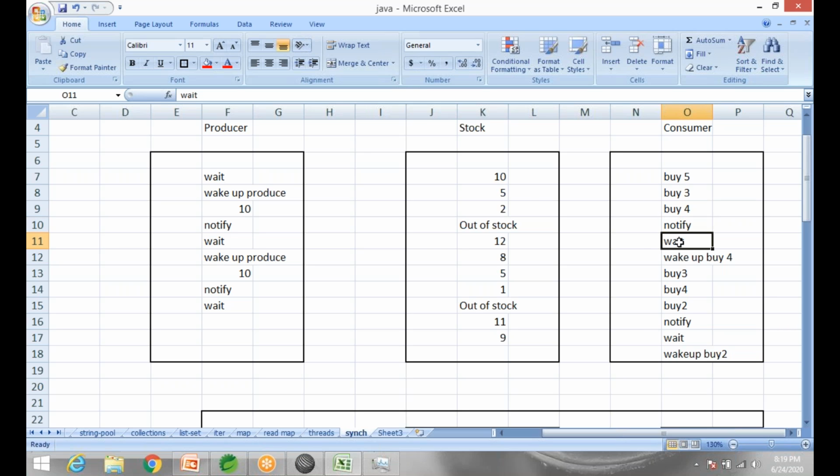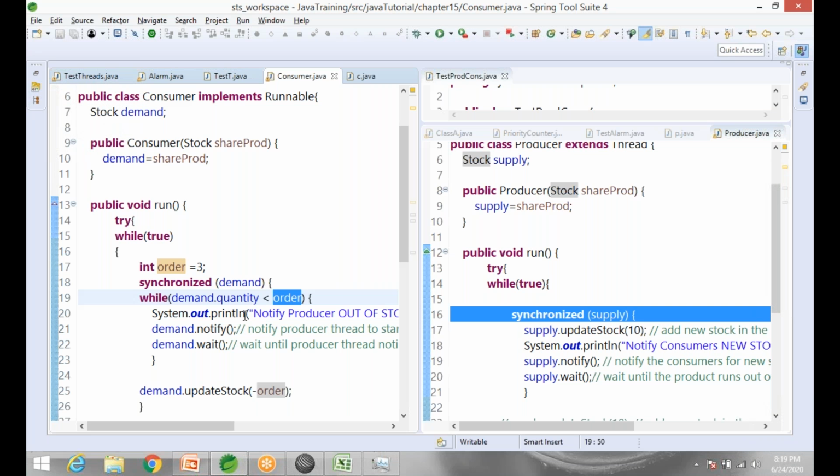You notify and wait on what? On the stock object. Exactly. So if the quantity, that is demand object stock, if quantity is less than order, what do I do? I notify and wait on stock. The same thing that we did in spreadsheet is right in front of you.